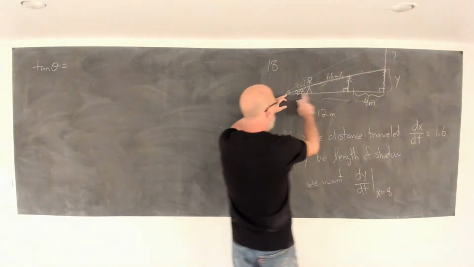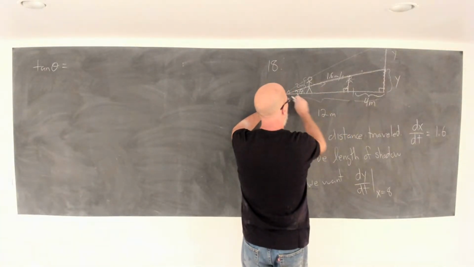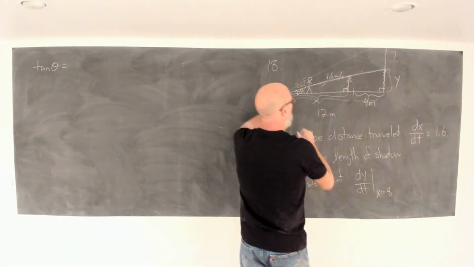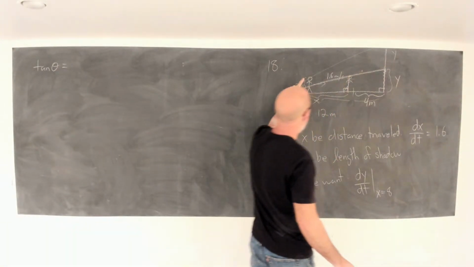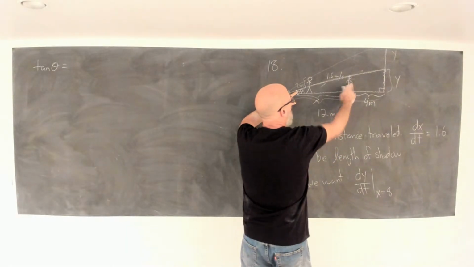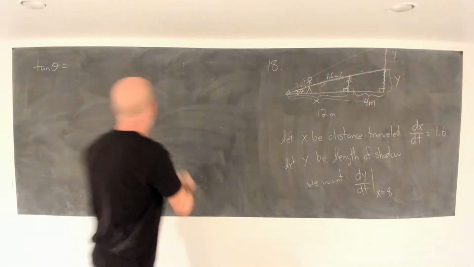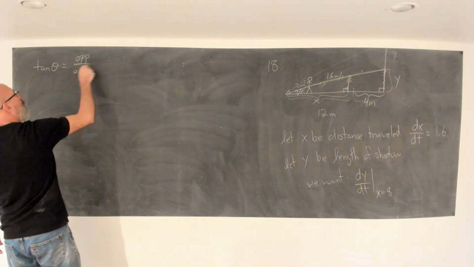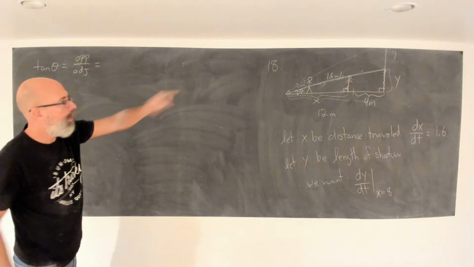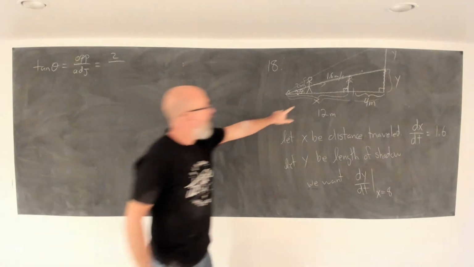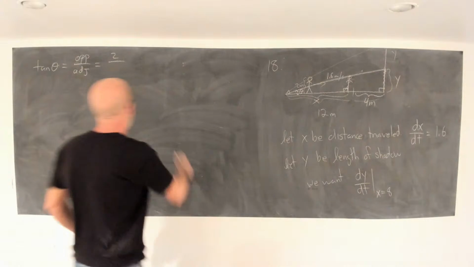In the small triangle, this is x, and the guy is 2 meters tall, so opposite over adjacent: the opposite side is 2 meters and the adjacent side is x.